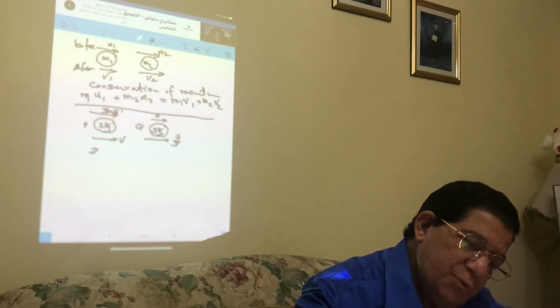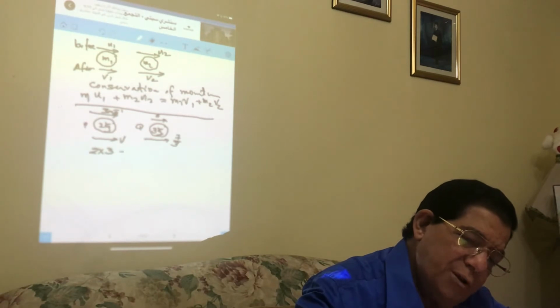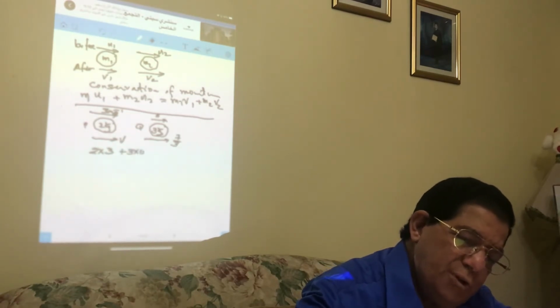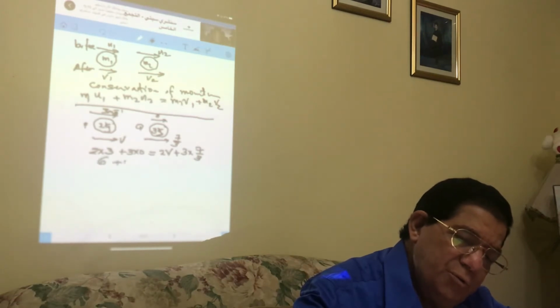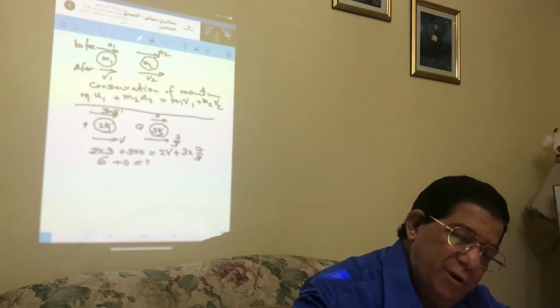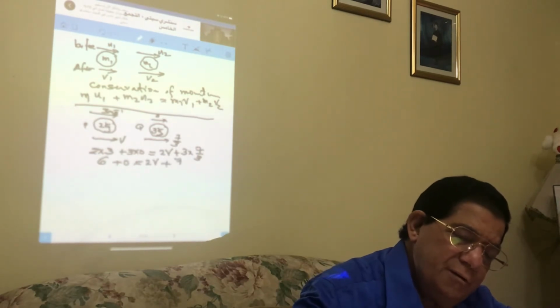2 times 3 plus 3 times 0 equal 2 times v plus 3 times 7 over 3. 2 times 3 is 6 plus 0 equal 2v plus 7.